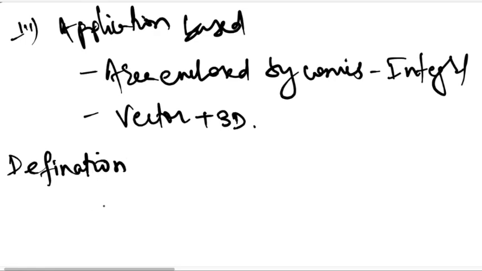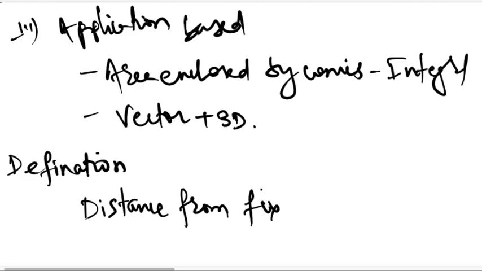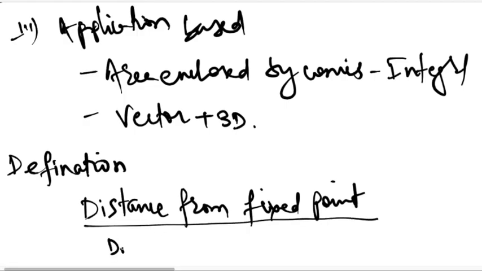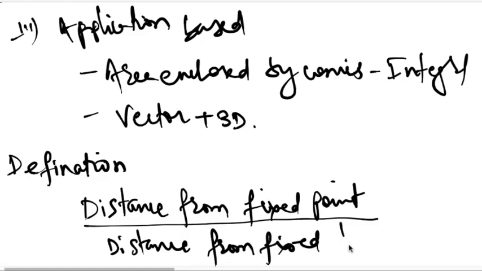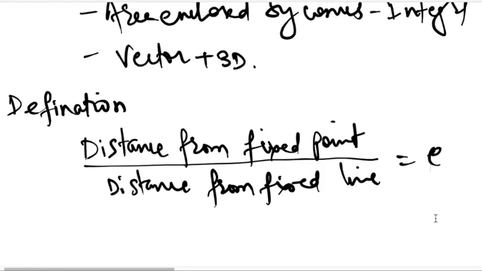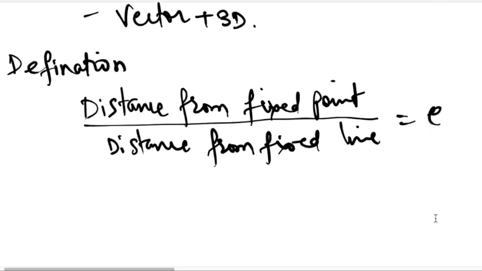So it is nothing but a ratio of the distance from a fixed point to the distance from a fixed line, which is in some constant ratio, which we define as E.